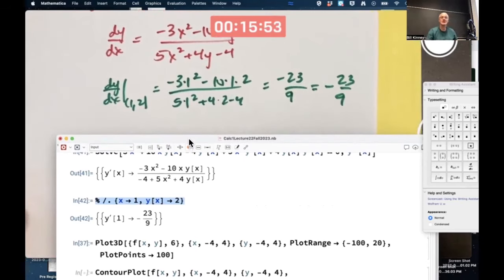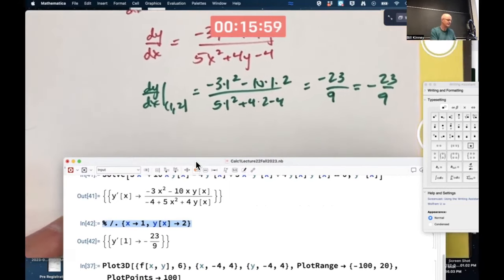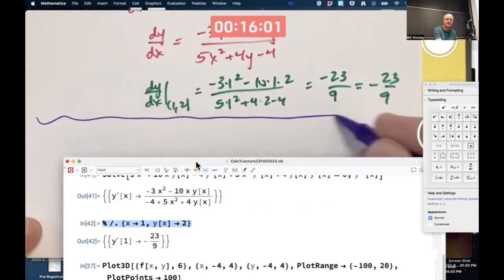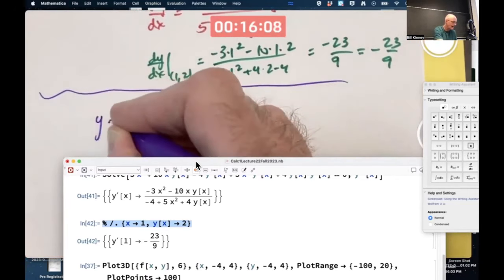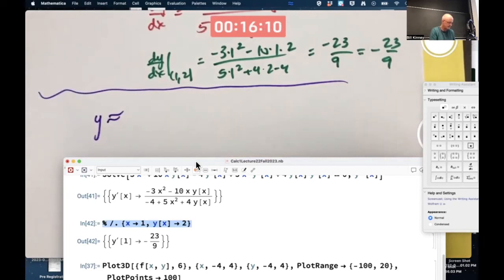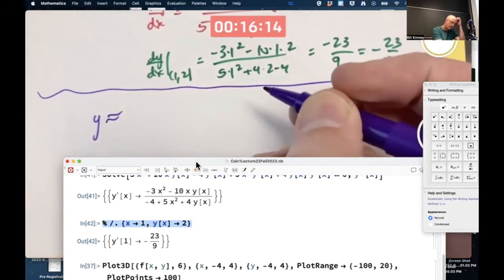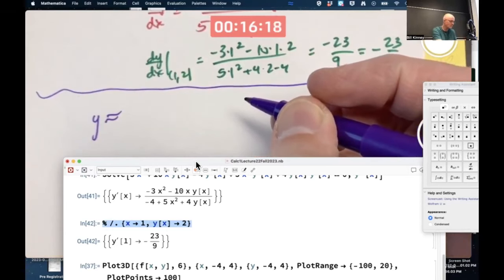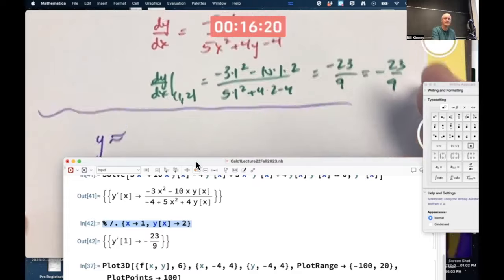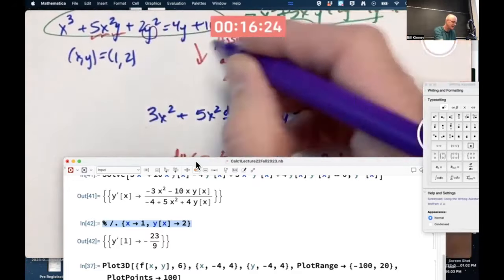Now let's use this to come up with a tangent line approximation. We were not asked for that, but we could certainly do it. Another one of our main topics for today is reviewing tangent line approximations. y is going to be approximately, for this curve, the y value when x is 2. Maybe I should call y as a function of x here.